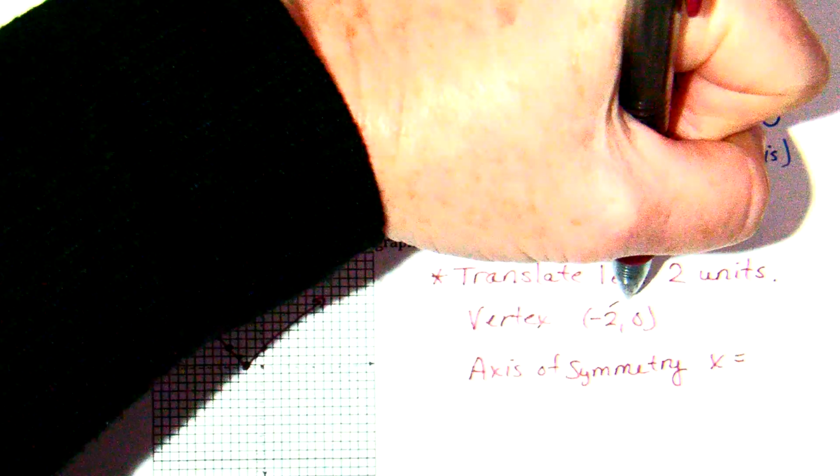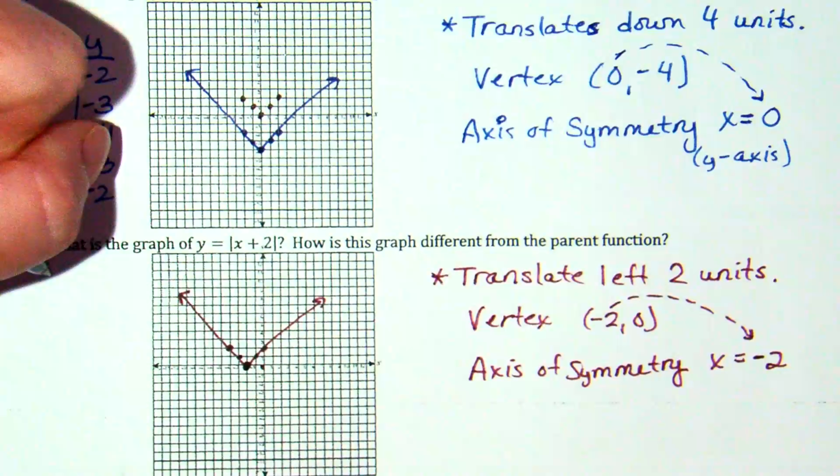Now, if -2, 0 is my vertex, what about my axis of symmetry? What was it? Negative 2. X equals 0. Okay, so yeah, don't forget it's an equation, so always start x equals. But key here, where is this centered at? It's centered on what line? That -2 line. Or what was the first number in your vertex? -2. So x equals -2.